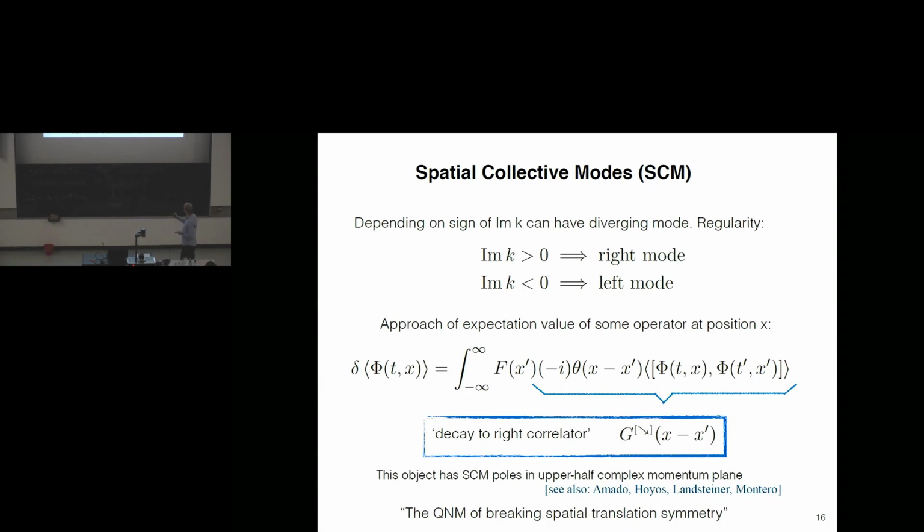Whereas if the imaginary part of K is negative, then it will be regular to the left, and it will be irregular to the right. So neither of these modes is regular everywhere, and so I think that is the reason why typically these modes are discarded. However, of course, here, any divergence in these directions is cut off by the nonlinear region of the obstacle. And therefore, these modes are both relevant to the physics.